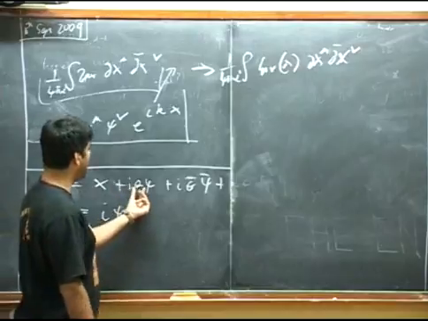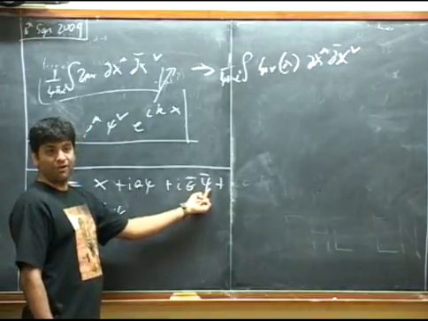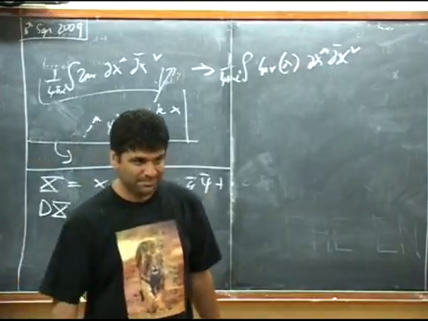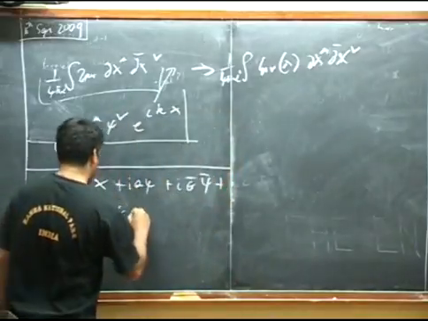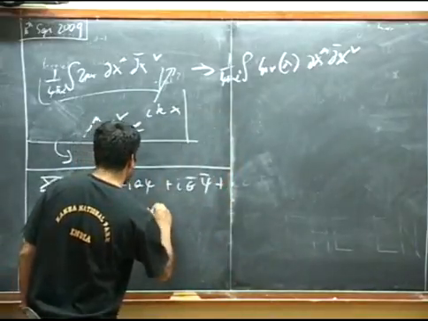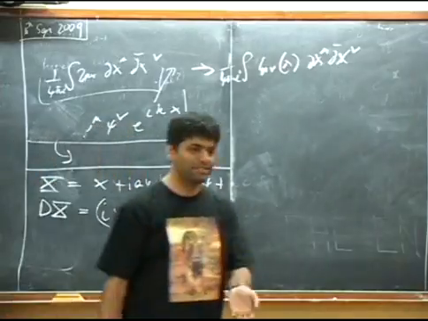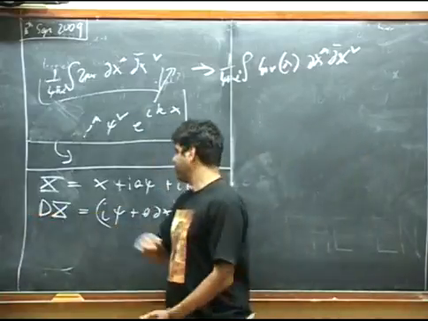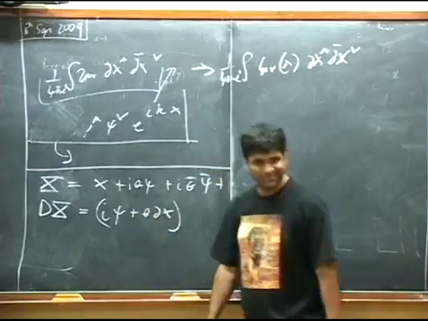Now, this theta times del has two pieces. There's theta bar times del of psi bar, but by equation of motion, del of psi bar is 0, so we can ignore that. Okay? So there's plus theta times del x. So effectively, after using the equation, big D of this capital X superfield is psi plus theta times del x.